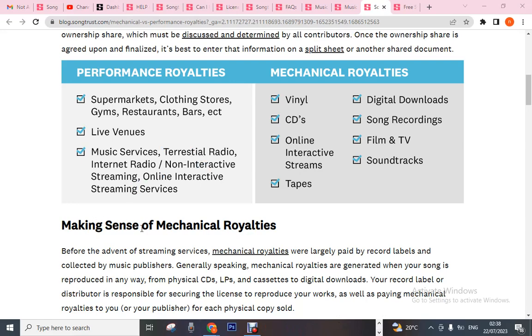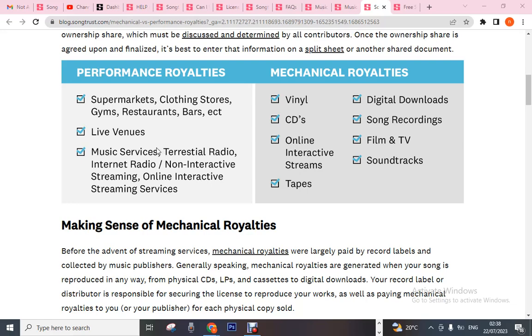So, before we go there, we said that for performance royalties we have supermarkets, clothing stores, gyms, restaurants, bars, etc. Then we have live venues, and music services like terrestrial radio, internet radio, and online interactive streaming services.